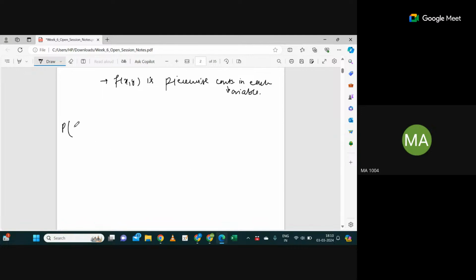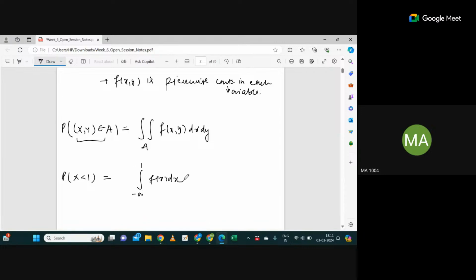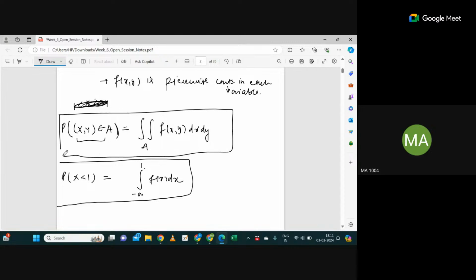Suppose I'm interested in the probability that (x, y) belongs to A. We have to do the double integration of the given joint density function over A. For a single random variable, if I ask the probability that x is less than 1, we integrate the single PDF from the lower limit to 1. Here the condition will be given for two random variables, for example x less than 1 or 2y, it can be anything. But in general, we do the double integration of the joint density. Is this clear? Is this rough definition okay for everyone?